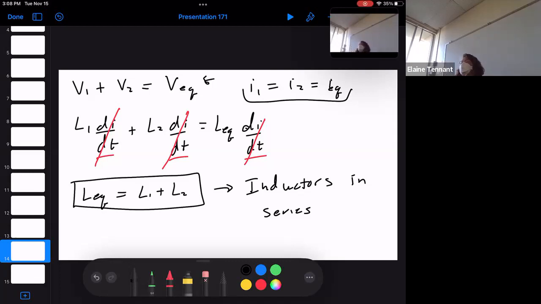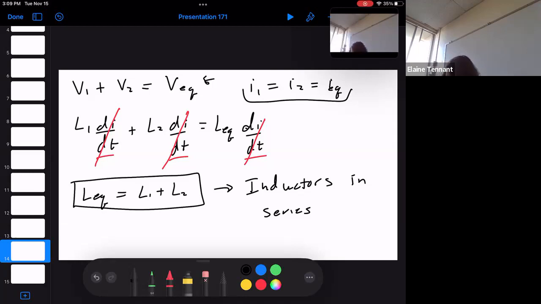So for resistors, if they're in series, you just add them up, right? For capacitors, you have to do that 1 over, 1 over, 1 over. And so you should definitely expect that when you add up inductors in parallel, they will add like resistors in parallel. So we expect to see 1 over L equivalent equals 1 over L1 plus 1 over L2. And let's do that.